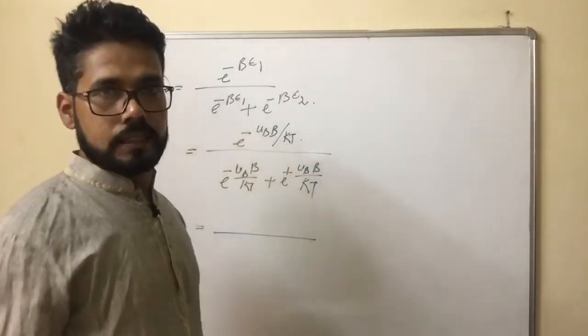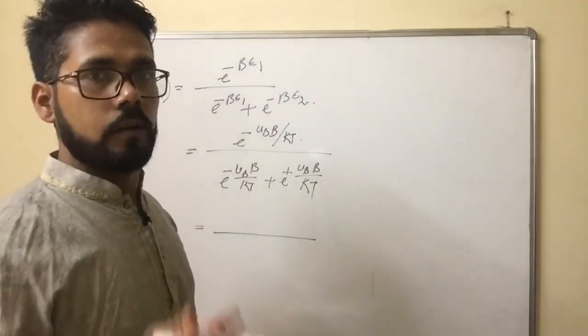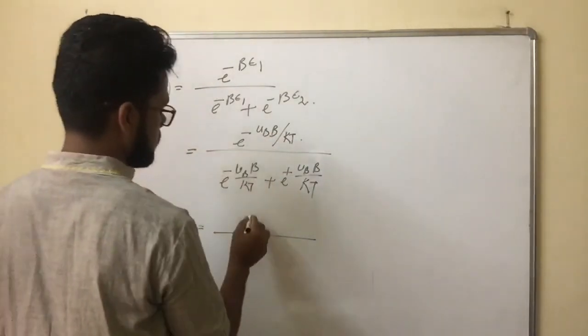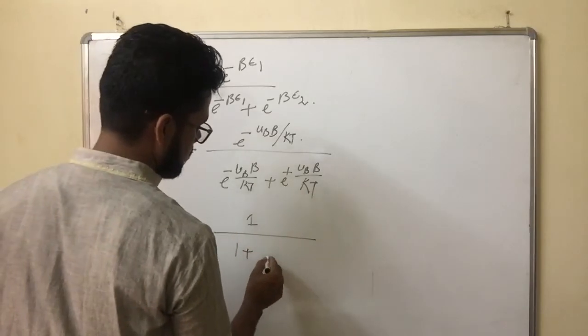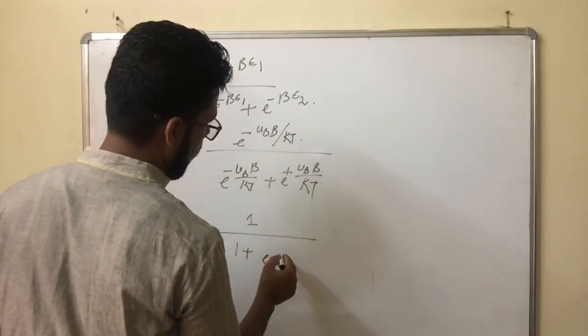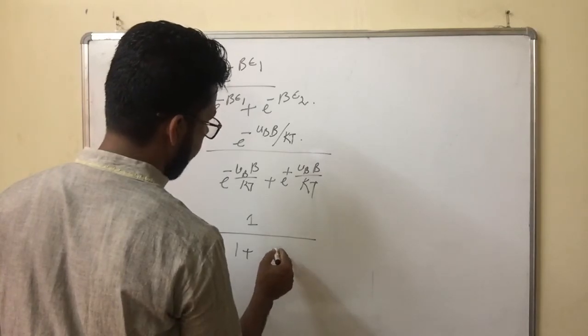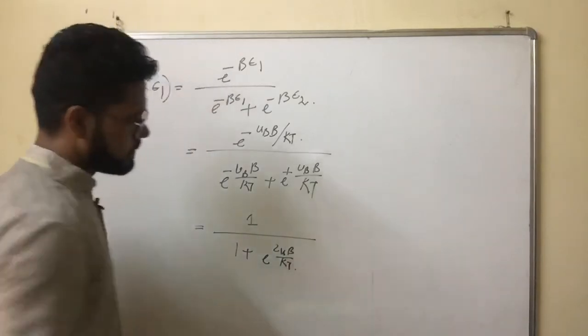You can express it in terms of the hyperbolic function, depending on the answer. So I will divide this part. This one is 1, and this one is e to the power mu B by kT.